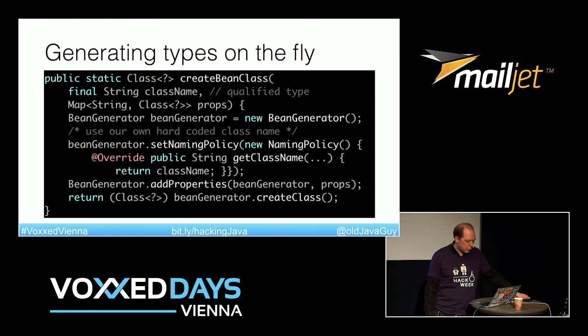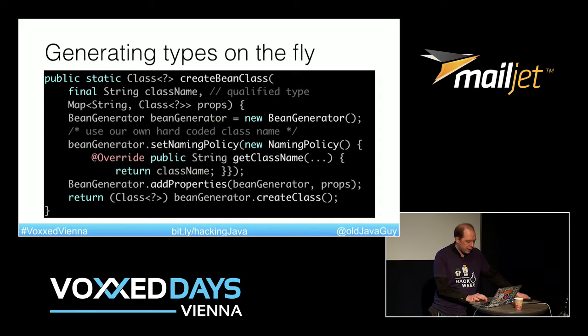So you instantiate a new bean generator. You give it a naming policy. In this case, the naming policy is very simple. We pass in a class name, and we just want to use that class name. And this bean generator has a method add properties where you pass in the properties. Also, it's a map, and it will generate fields, getters, and setters on the fly.